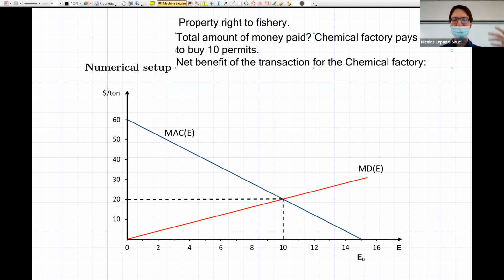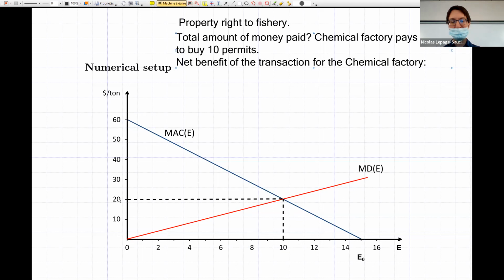So what does the factory gain? Well, the factory used to abate everything, like not produce at all, as if the factory is paying all of this to not pollute. Now after the trade, the factory has the right to pollute all of this. So what does the factory gain?